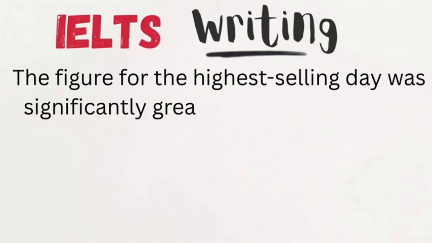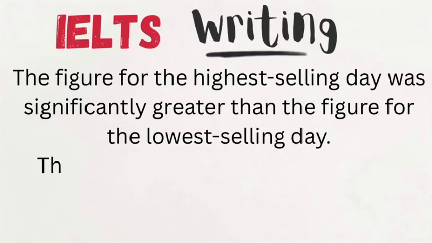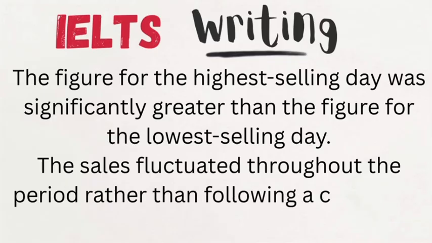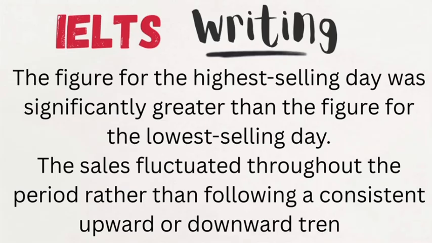The figure for the highest selling day was significantly greater than the figure for the lowest selling day. The sales fluctuated throughout the period rather than following a consistent upward or downward trend.